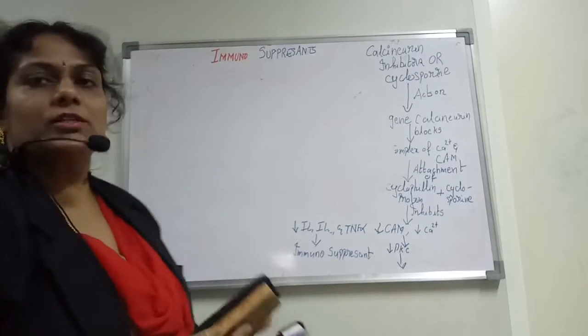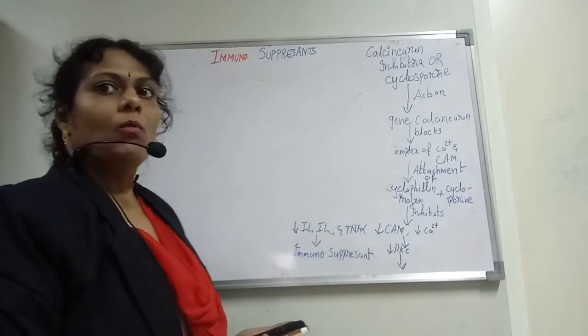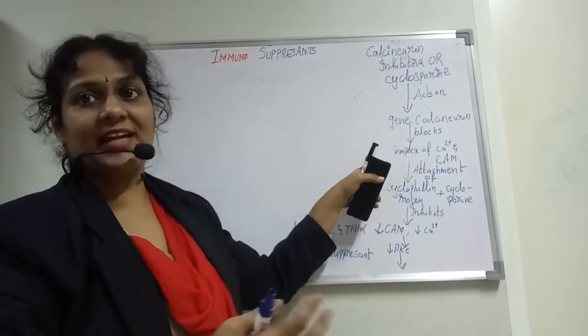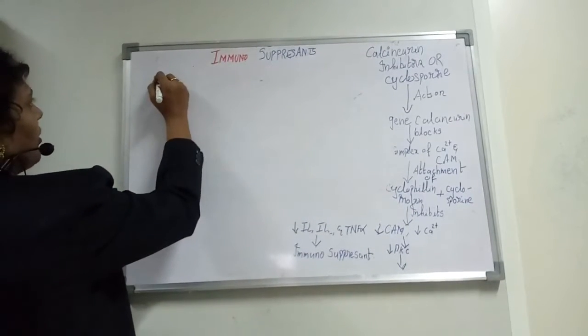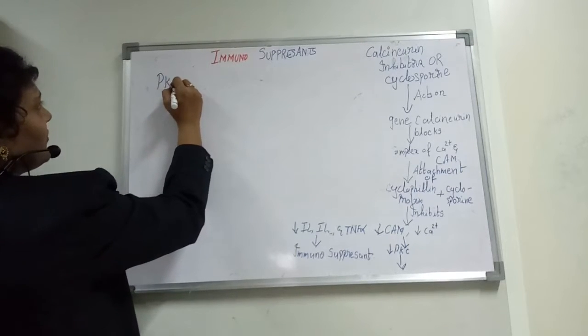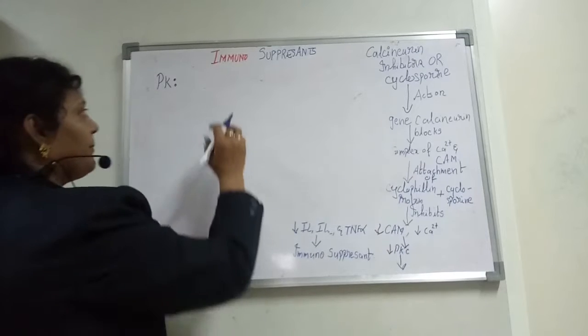So in order to write the pharmacology of cyclosporin, we need to go for the next one. This is called PD, nothing but pharmacodynamics, where it is acting. And now we'll go to the next part, called PK. We know that PK stands for pharmacokinetics.